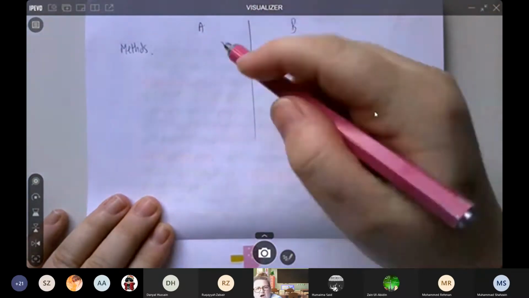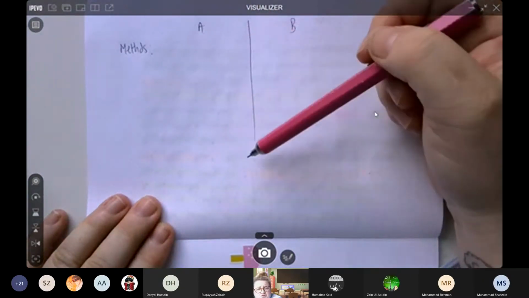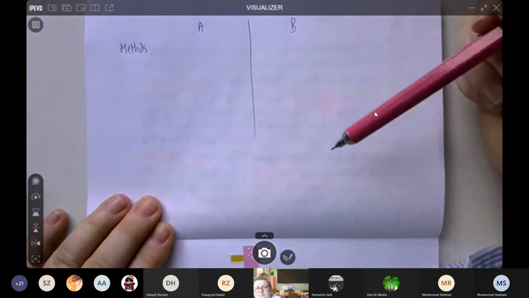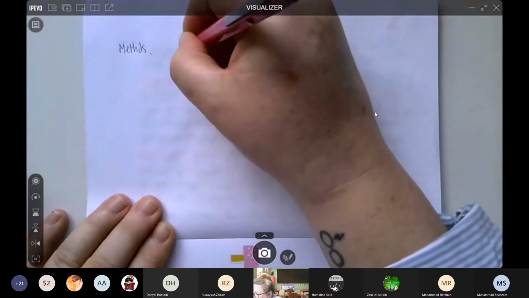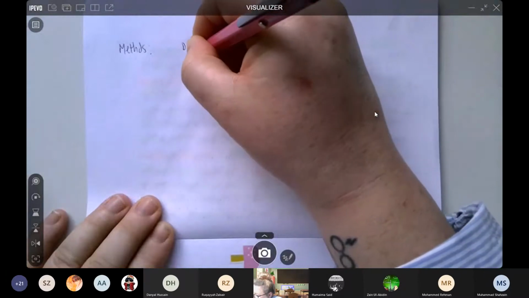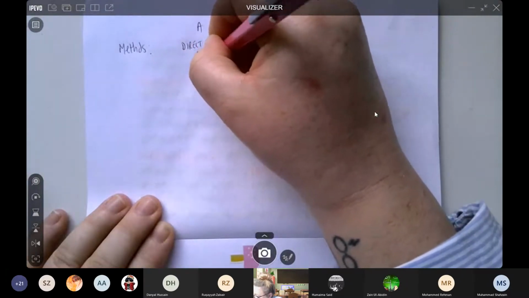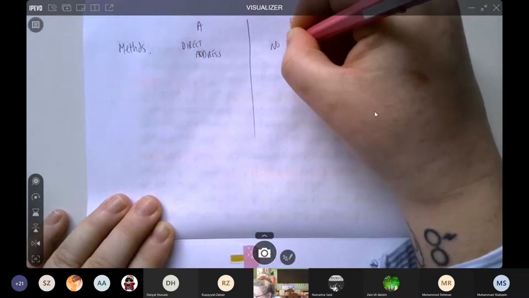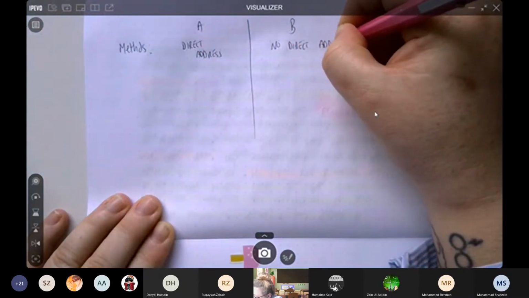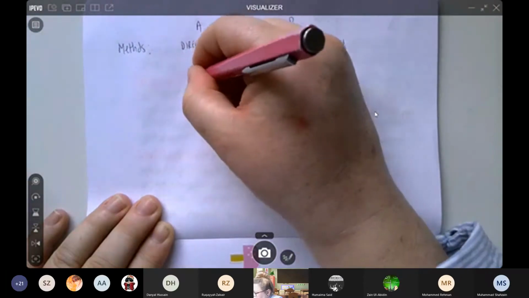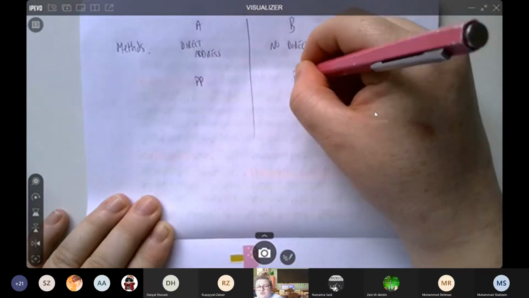Now, I would suggest that you need 2 to 3 methods for each. I'm just going to look at one here. So I'm going to look at direct address and no direct address. And then obviously might talk about the personal pronouns for each as well.